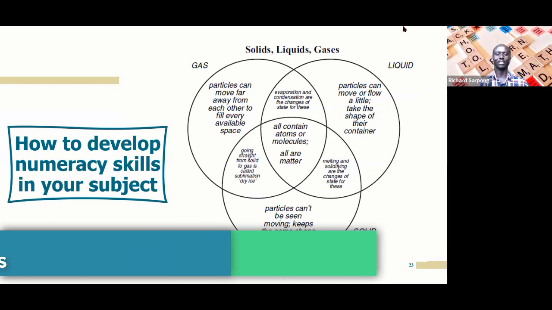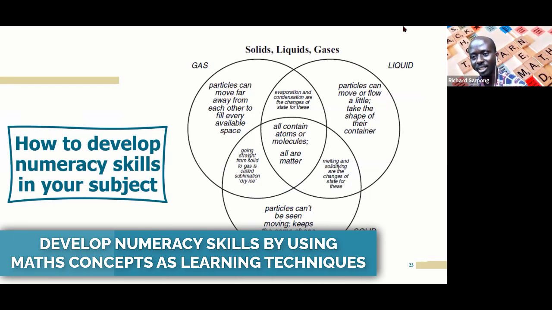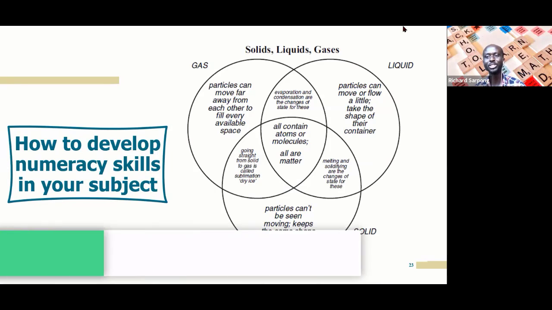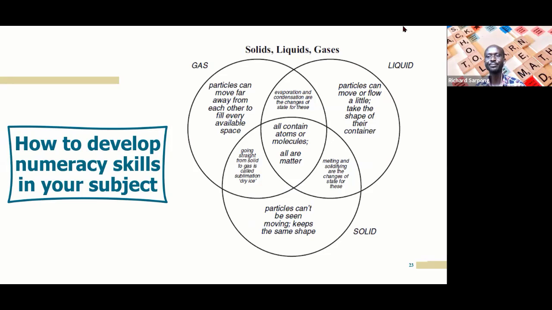So numeracy is also very key, as we've talked about that. And you can use numeracy tools in your subject area as learning tools to help your students appreciate those concepts. So we have these universal sets of Venn diagrams, 3-set problems, and 2-set problems.